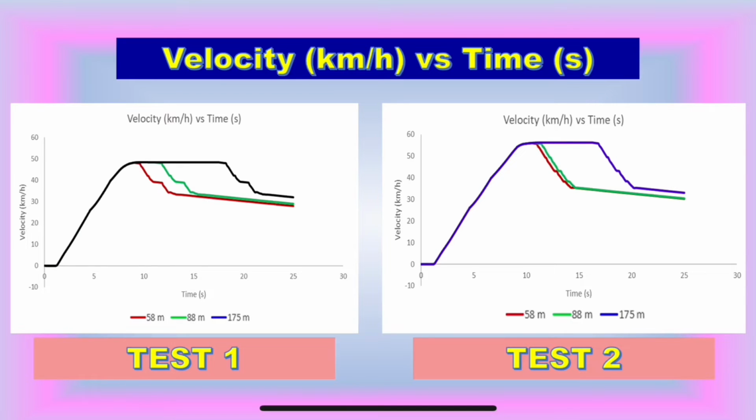This is the velocity versus time result of the double lane change test. After it reached the maximum speed, the vehicle maintained the speed without lowering the gear until it entered the gate entrance. The vehicle starts to lower its speed in order to change lane.